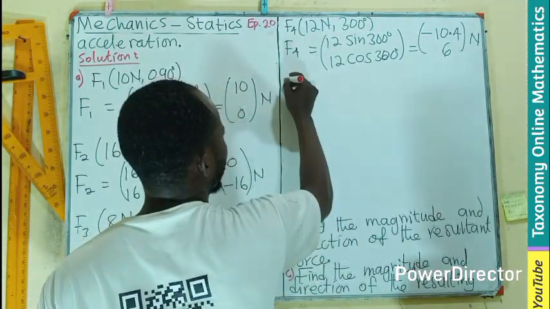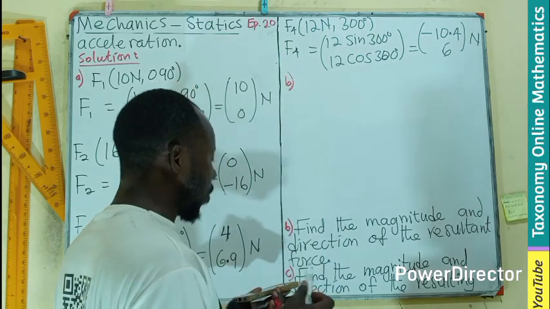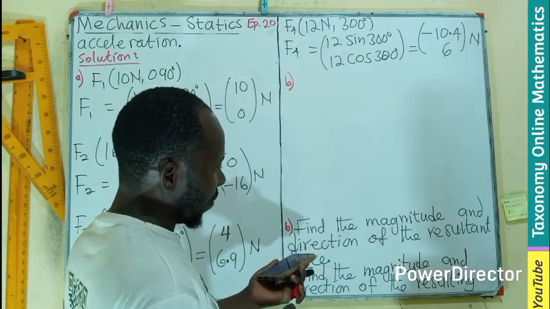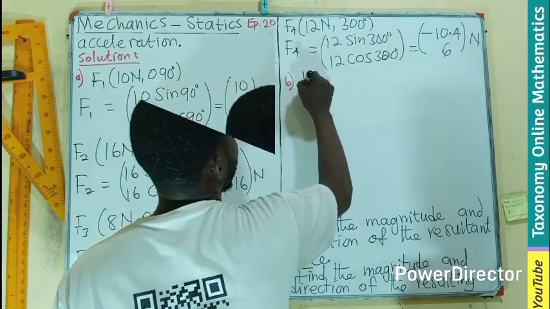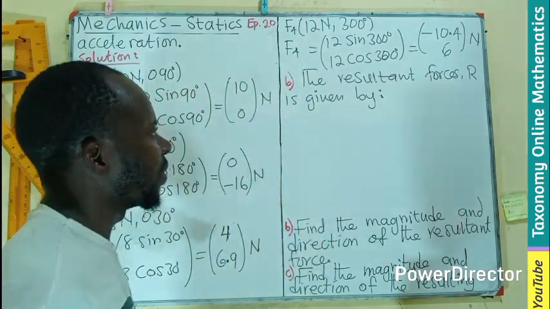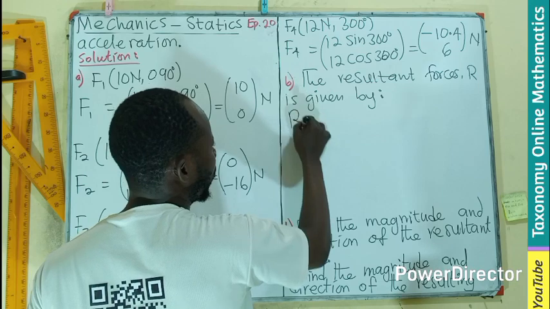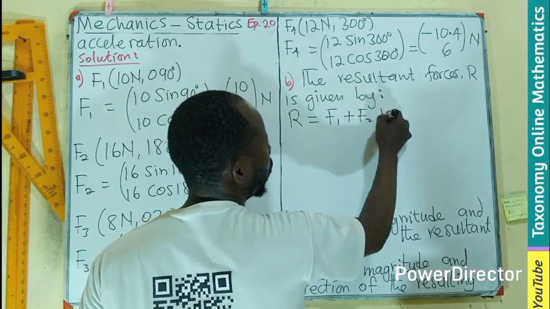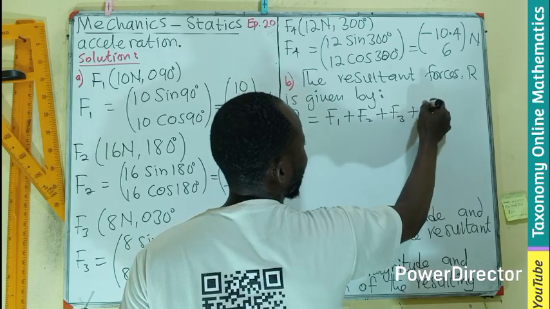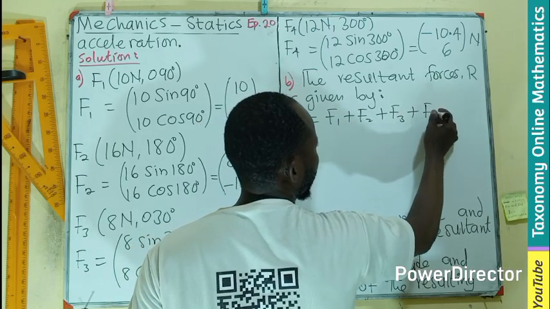The next one is to find the resultant force. So let's see. The resultant force, which we know, will be given by force 1 plus force 2, force 3, and force 4.